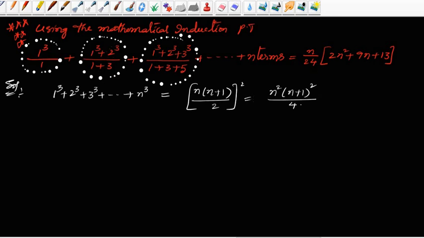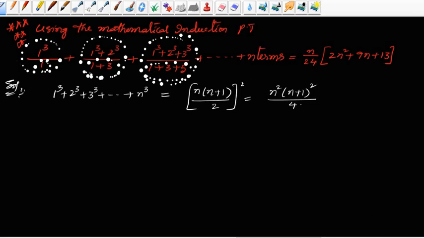Next, the denominator. Observe that in the denominator the first term is 1, the second term is 1 plus 3, the third term is 1 plus 3 plus 5. That means the denominator of the nth term is the sum of the first n odd natural numbers.